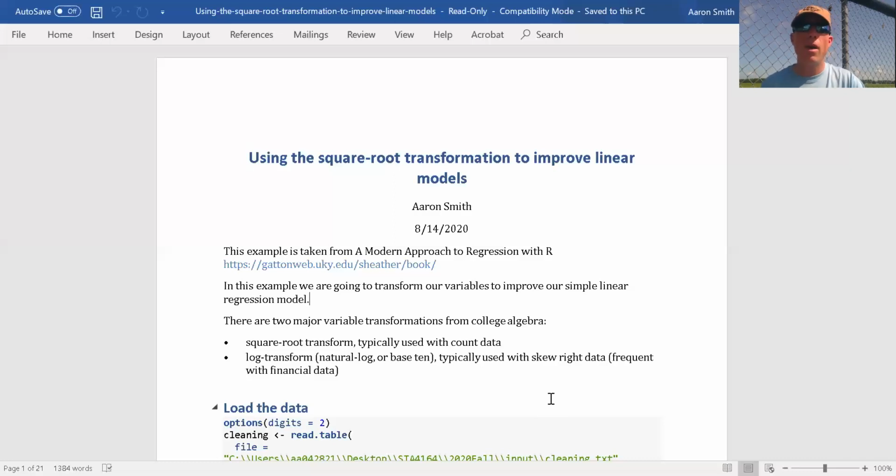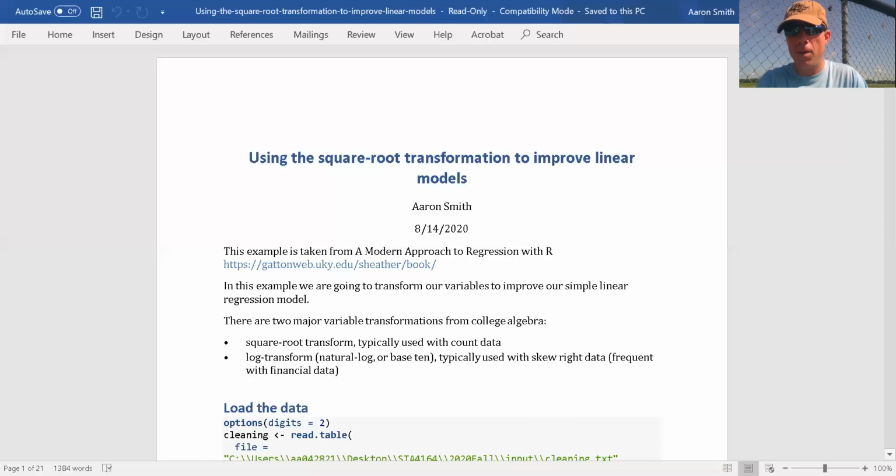When I say log, we can use either natural log or base 10, or any base possible. Use what would be most accepted by your audience. For the square root transform, if I have count data, look for square roots to be the way to go. The reason for that is because of features of the Poisson distribution.